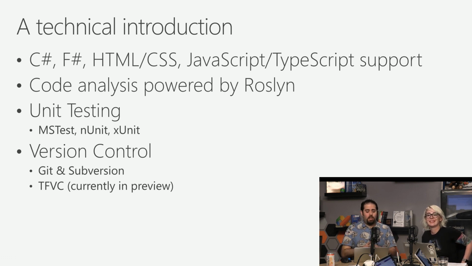And speaking of IntelliSense, you'll be happy to know that IntelliSense, along with all of our analyzers, code fixes, and refactorings that Visual Studio for Mac can give you, is all powered by Roslyn, which is the same engine that Visual Studio on Windows uses. So if you're accustomed to those features on Windows, you'll see those transfer over to the Mac as well.